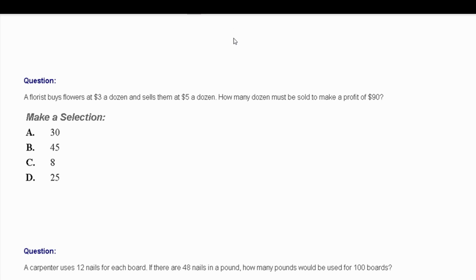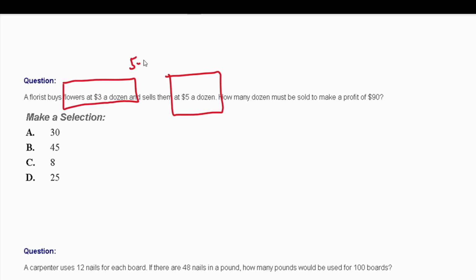All right, this next question says a florist buys flowers at $3 a dozen and sells them at $5 a dozen. How many dozen must be sold to make a profit of $90? So the florist buys them at $3 a dozen and sells them at $5 a dozen. So that means for every dozen she sells, she makes a profit of $2.